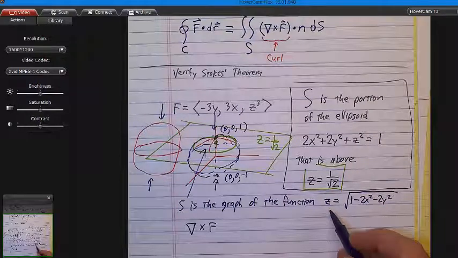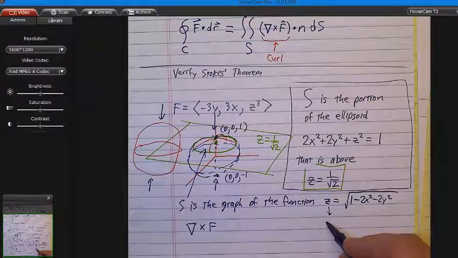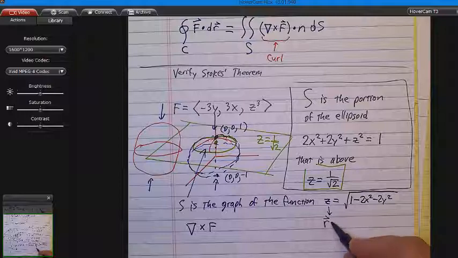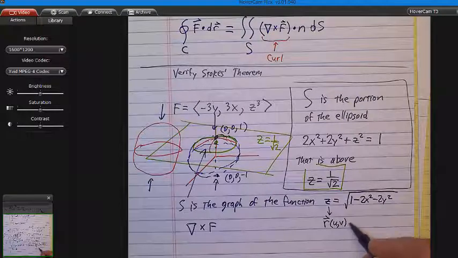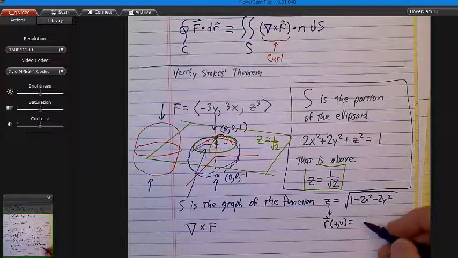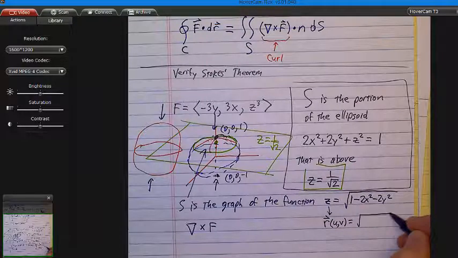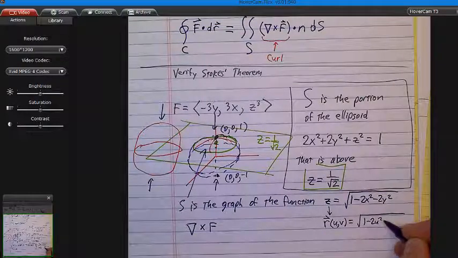I wrote this as z, but I could also write it as r of uv, if I want to use the current notation we've been using, and just think of it as 1 minus 2u squared minus 2v squared.